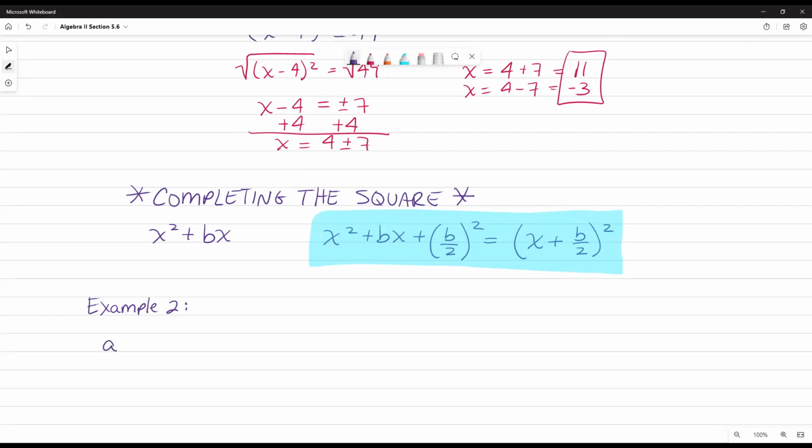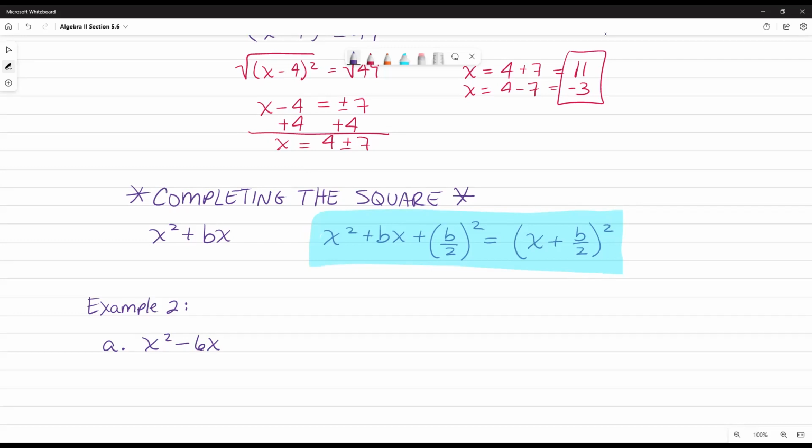So the first one is the baby steps. We're not solving anything just yet. If we have x squared minus 6x, we want to complete the square and then factor the resulting trinomial. So we're turning this binomial into a perfect square trinomial.